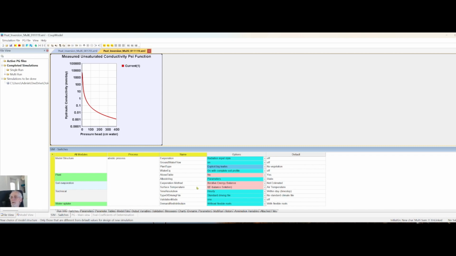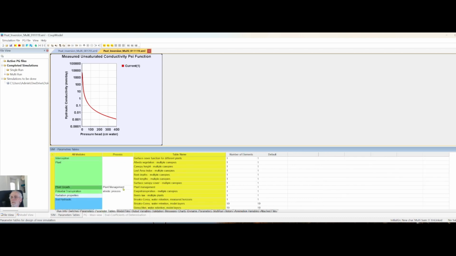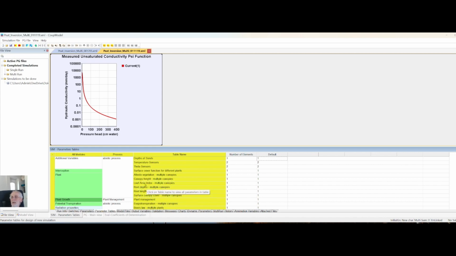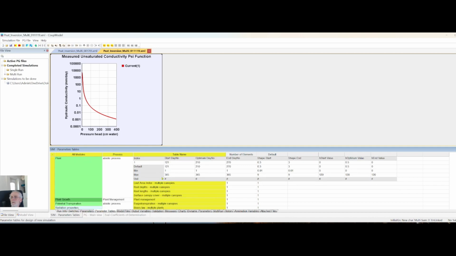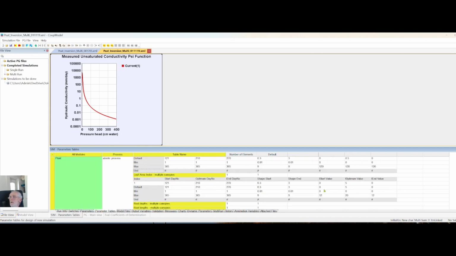And this is of course also connected to what type of cover we have. What type of vegetation do we have in this simulation? I go to the parameter table and then I will see that we have assigned the plant as a static property, and we have, for instance, a height of the canopy, and we have a leaf area index that varies with the season.